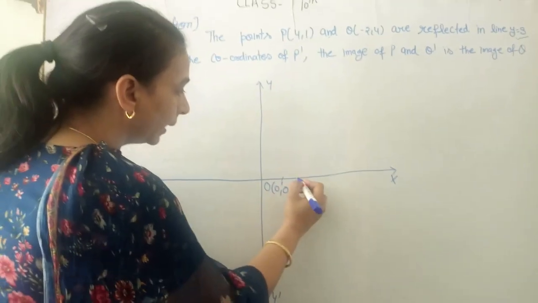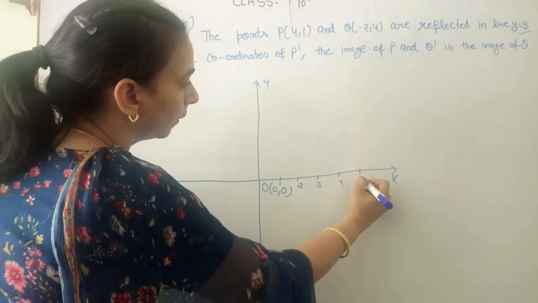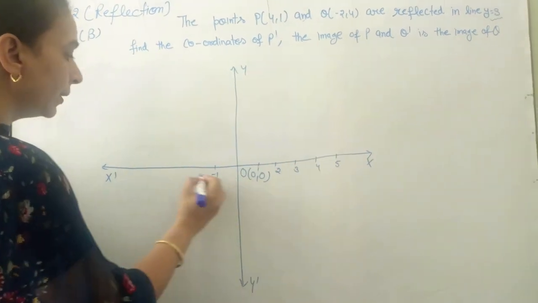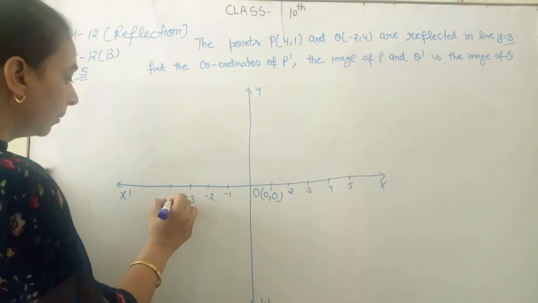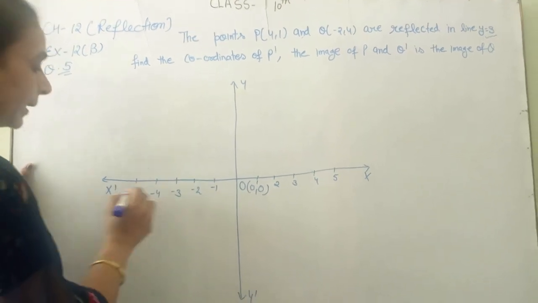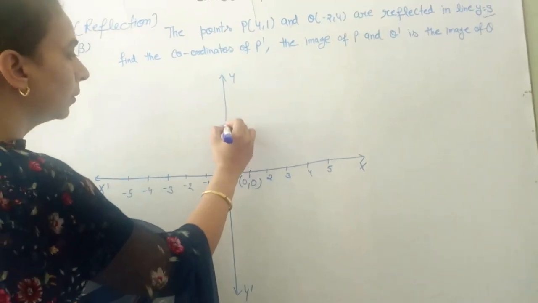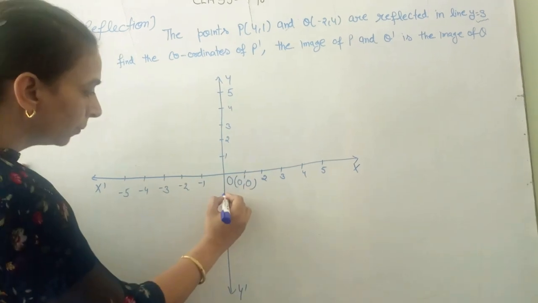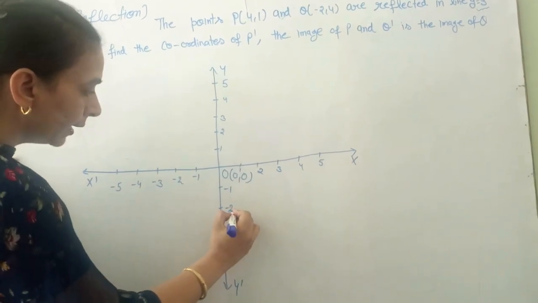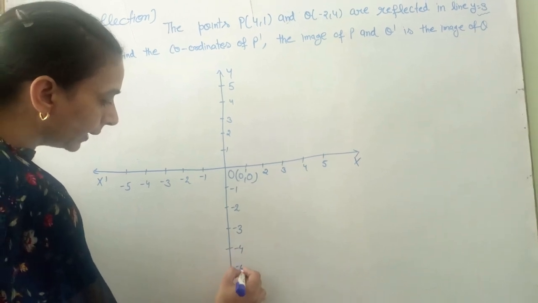X 1, 2, 3, 4, 5. X minus 1, minus 2, minus 3, minus 4, minus 5. Next is y 1, 2, 3, 4, 5. Y minus 1, minus 2, minus 3, minus 4, minus 5.